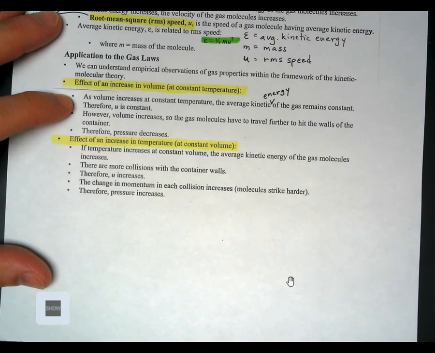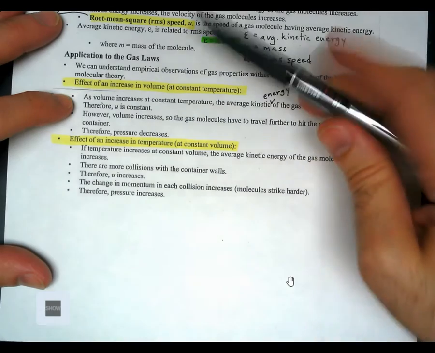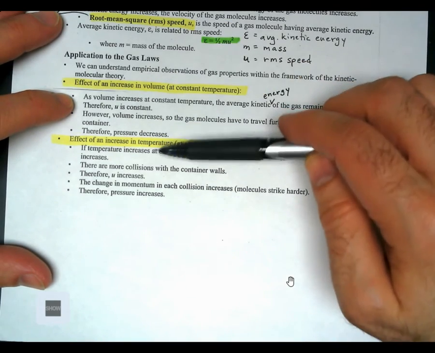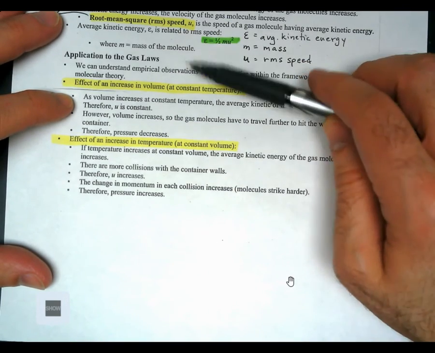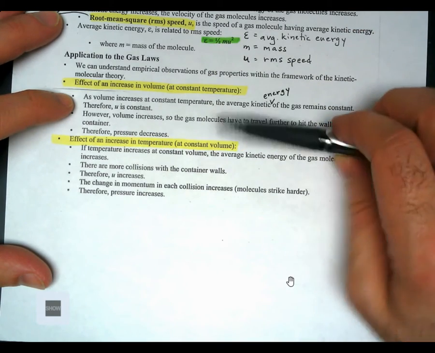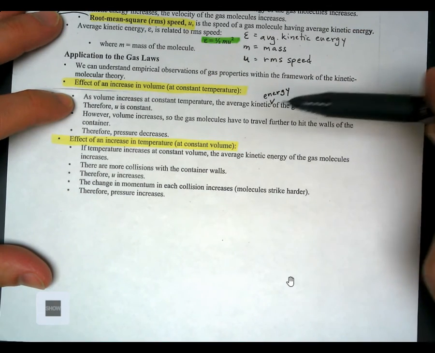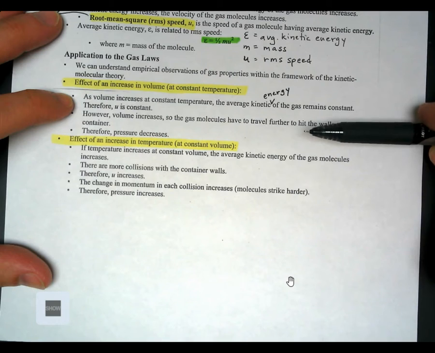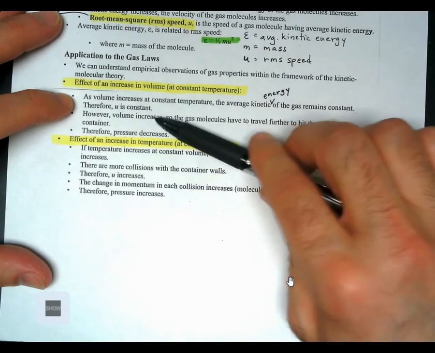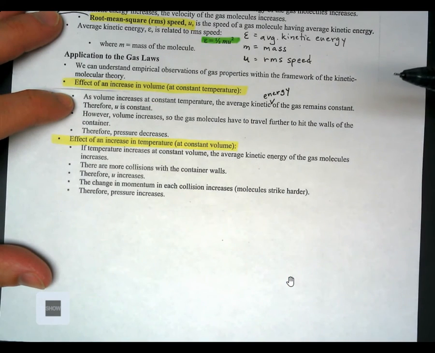Everybody get that? If you have a volume change and a pressure change because of the volume change, but your temp stays the same, that means your average kinetic energy stays the same. So your RMS speed does not change.